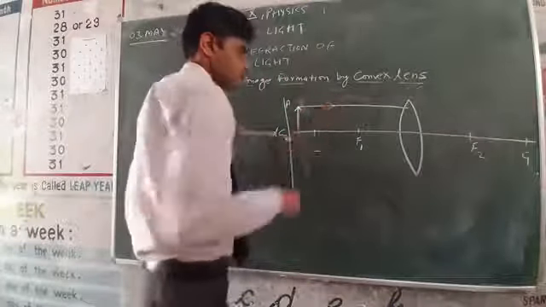Now a second ray starts from the top and it passes through F1.